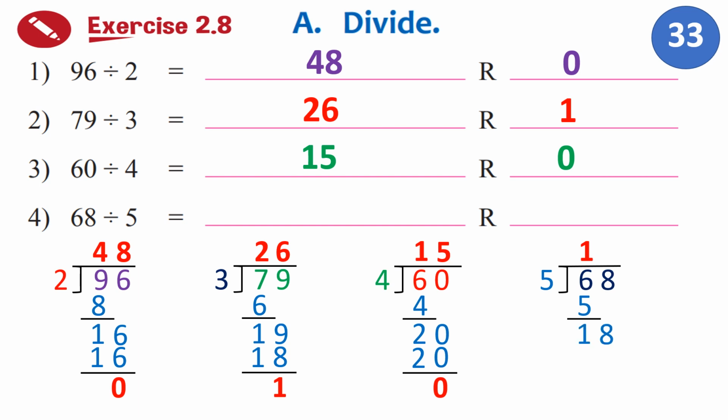Then bring down 8, you have 18. 18 divided by 5 is 3. 3 times 5 is 15. 18 minus 15 is 3. Now your answer for number 4 is 13 and then remainder 3.